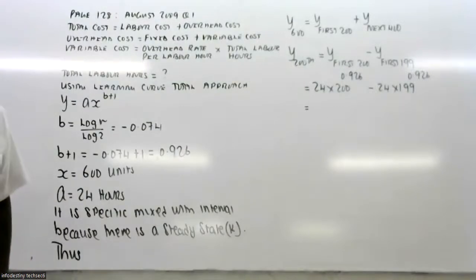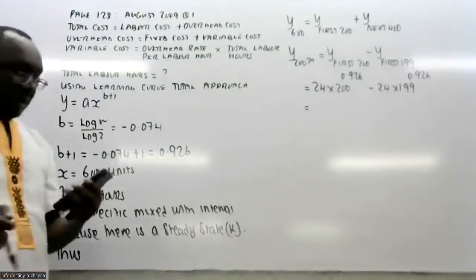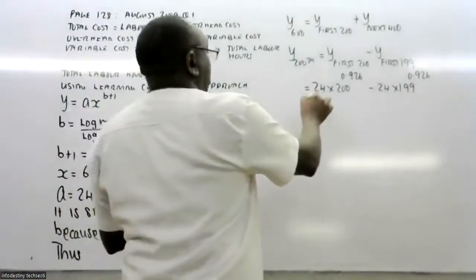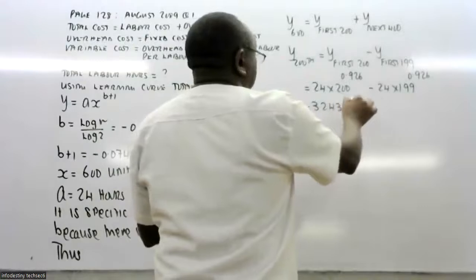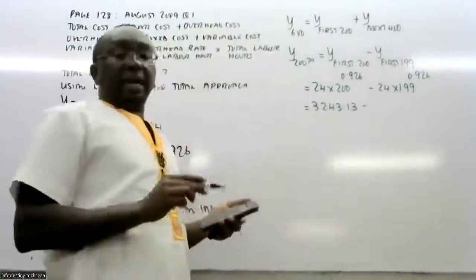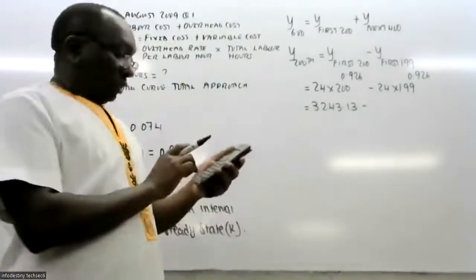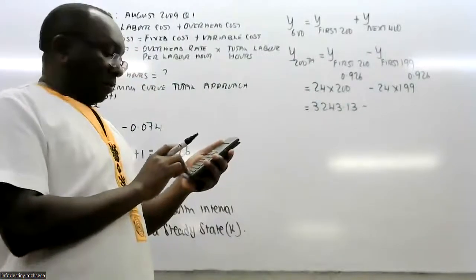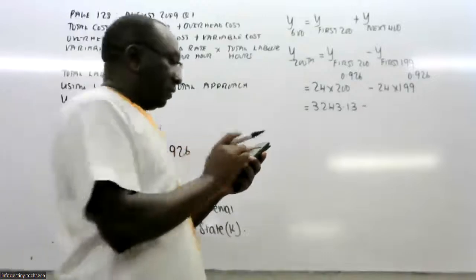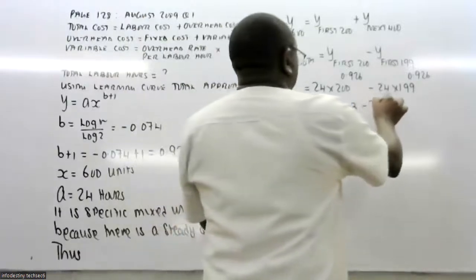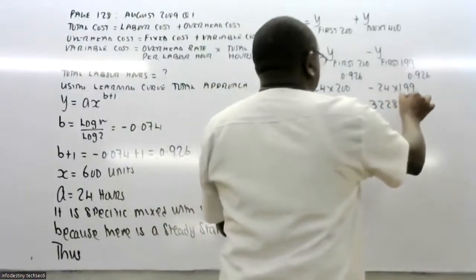The first becomes 200 raised to power 0.926 times 24, which gives 243.13. Then for the other one, 199 raised to power 0.926 multiplied by 24, which is 228.12.